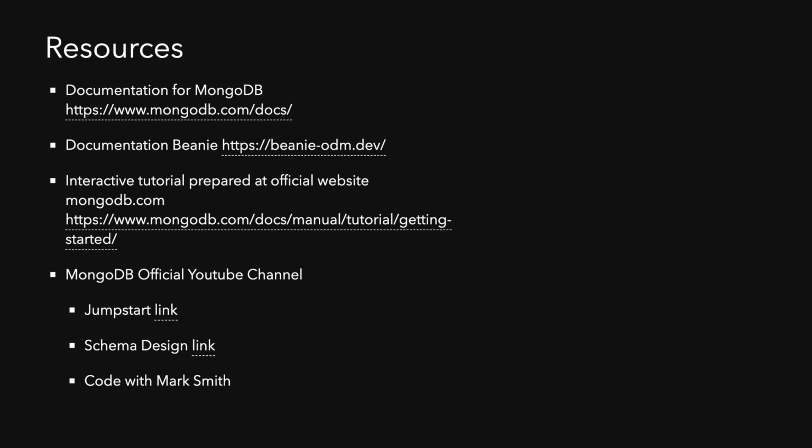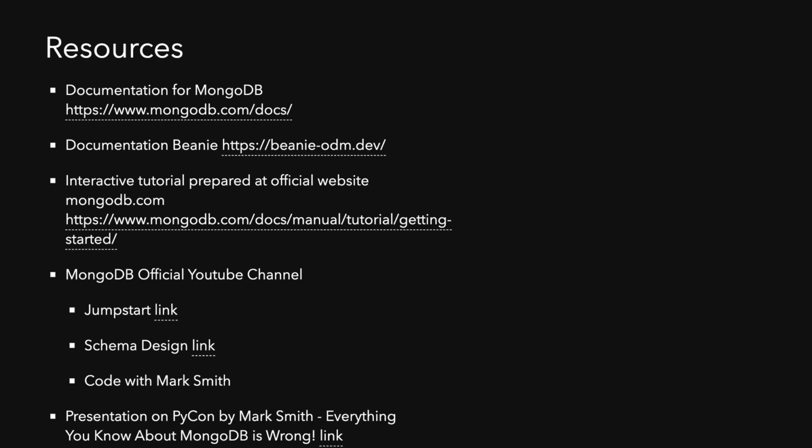There's a very good jumpstart link for beginner stuff. Then schema design, how to design in MongoDB. There are a lot of very good materials there, and of course I recommend Code with Mark Smith. I also recommend watching the PyCon talk by Mark Smith, 'Everything you know about MongoDB is wrong'. Go for it.